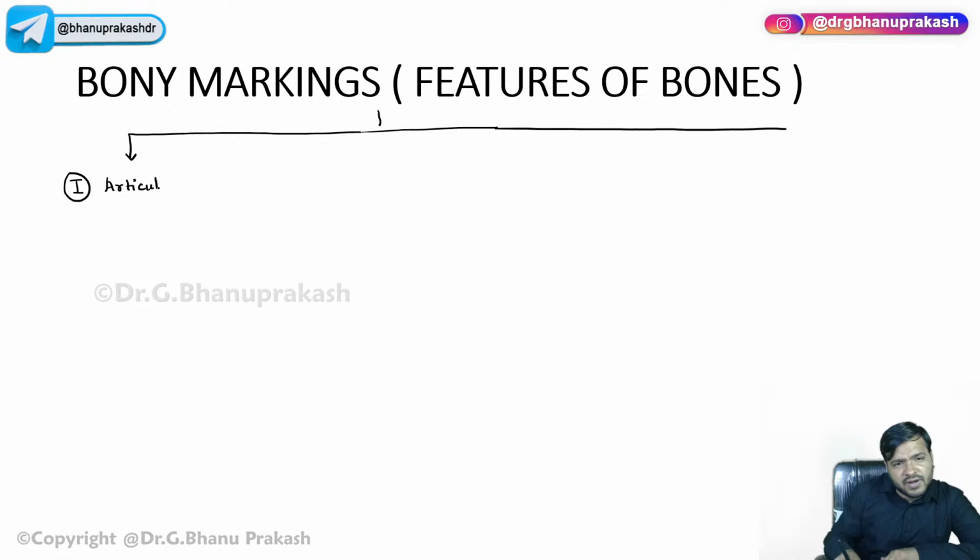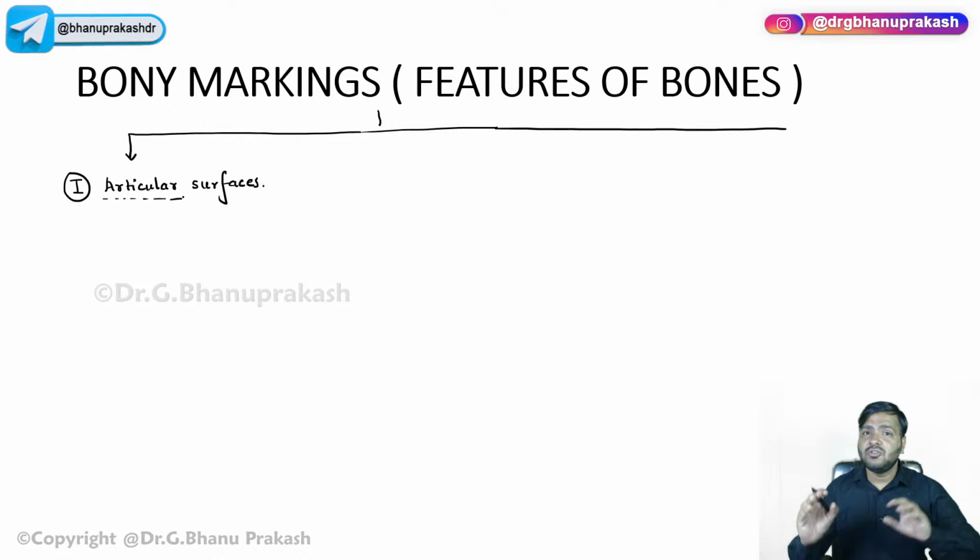When I say articular surfaces, you already know it is the part of the bone that is involved in the formation of the joint. What does joint mean? The meeting of two bones with each other. Articular means it is that part or region of the bone which is involved in the formation of a joint. So it can be of various types. I will be discussing it in detail.